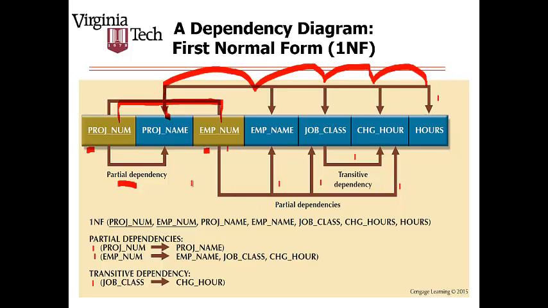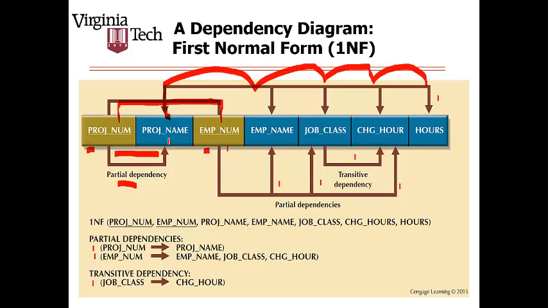However, we're not in second normal form, because second normal form is the removal of partial dependencies. And this is the idea of a partial dependency. Here we say the project number functionally determines the project name. Now we know that the project number is only a part of the key, because the key is project number plus employee number.